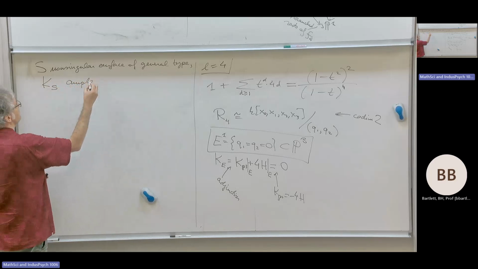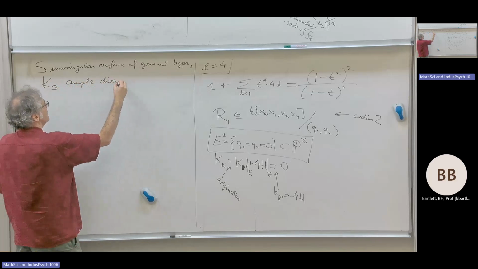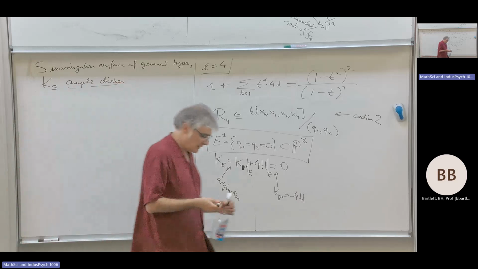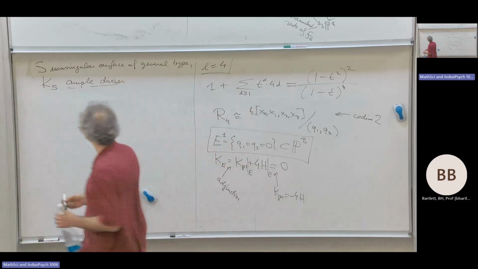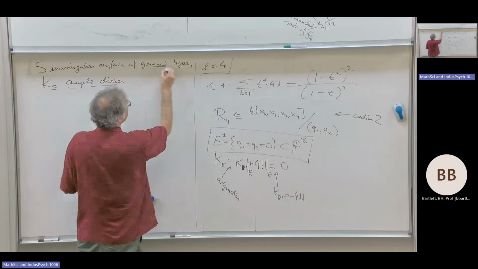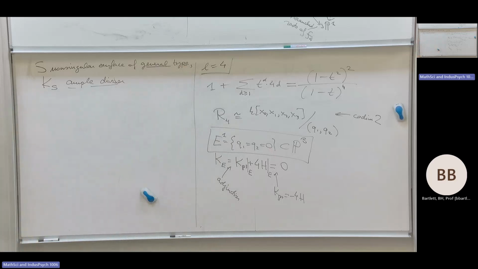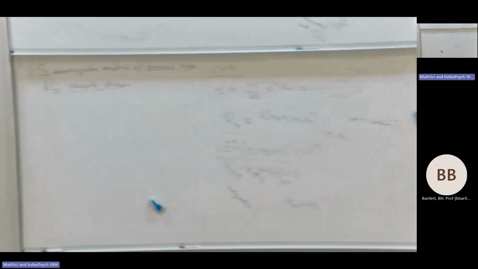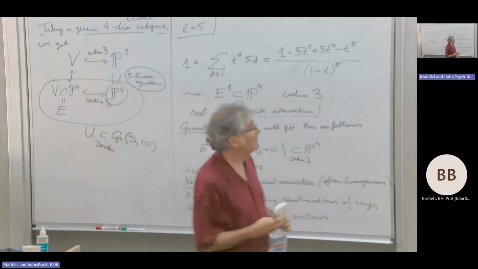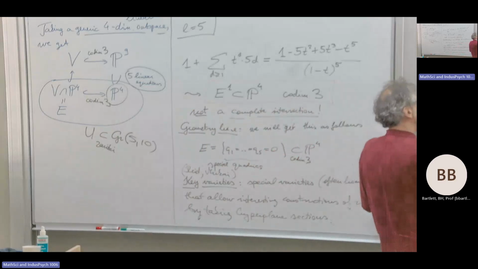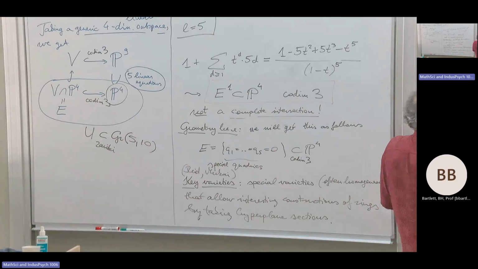So the canonical class is an ample divisor. Most of them will be ample. There are going to be some cases where it's not ample, but general type is implied by ample. Let me not worry too much about that. So associated to this, there is a ring. It's the same definition.